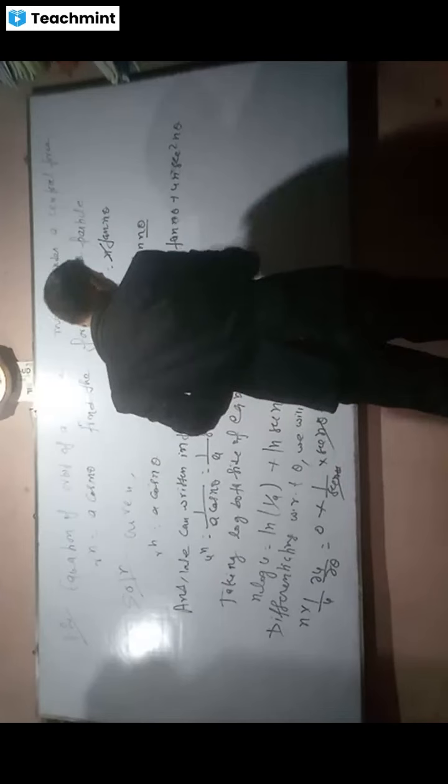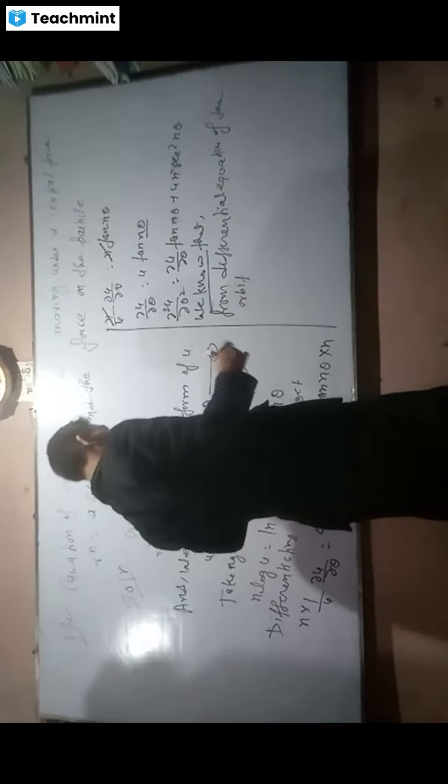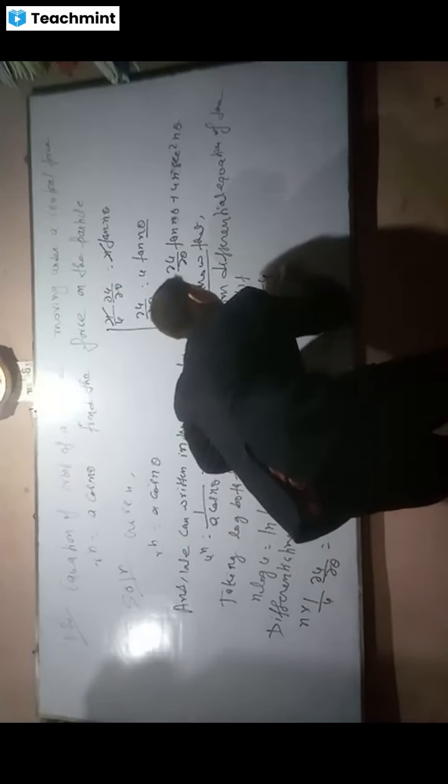Okay, we know that from the differential equation of the orbit, we will obtain ∂²u/∂θ² plus u equals to minus fr upon L² u².